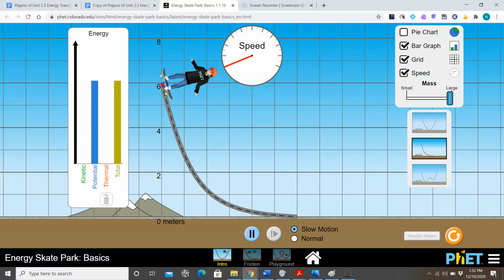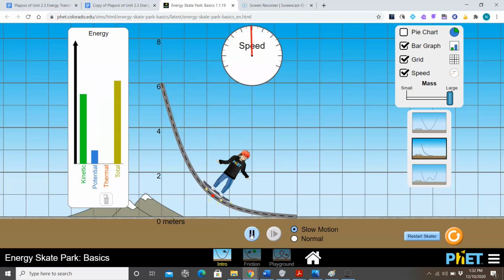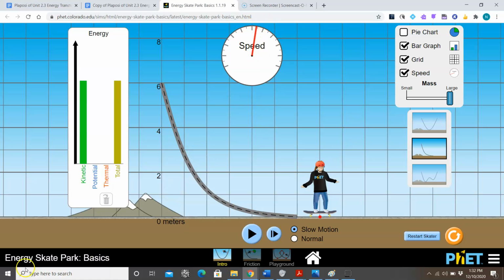Okay, I'm going to let the skateboarder go, and now I want you to monitor the speed of the skateboarder when the skateboarder gets to the bottom. All right, what's the speed of the skateboarder at the bottom of the ramp? Remember that the longer lines represent whole numbers and the shorter lines are in between.